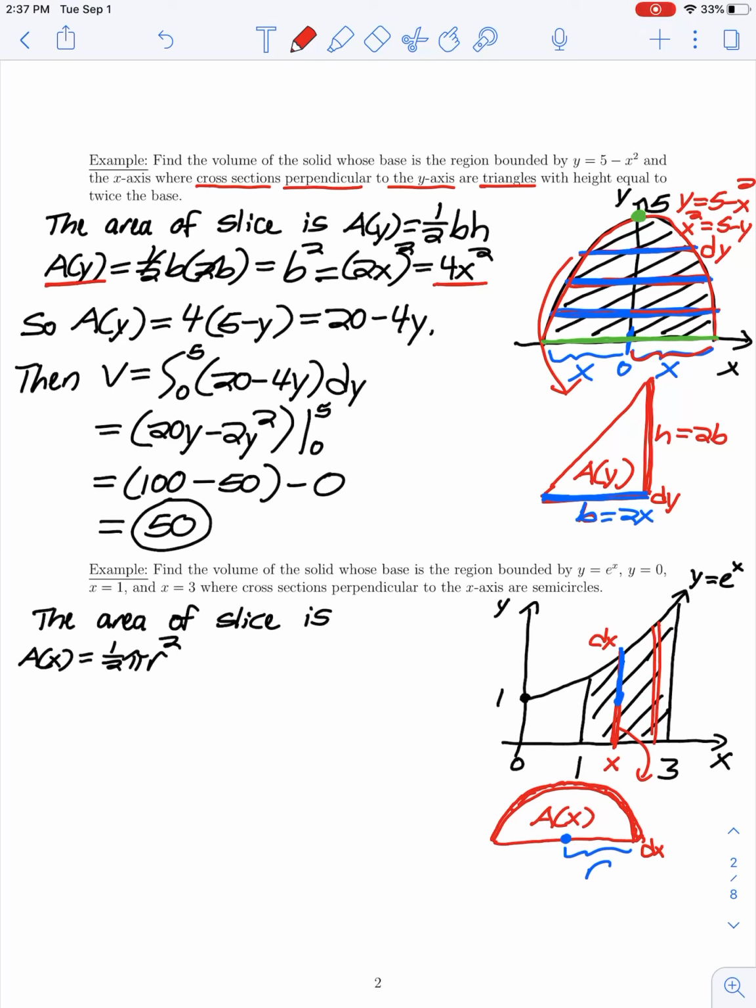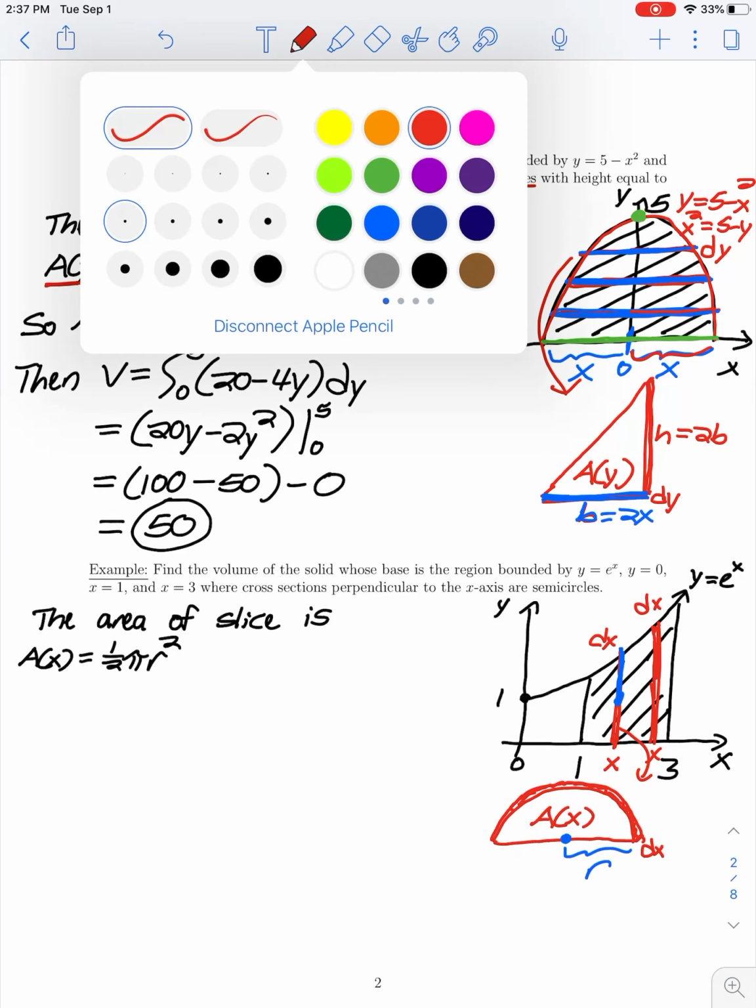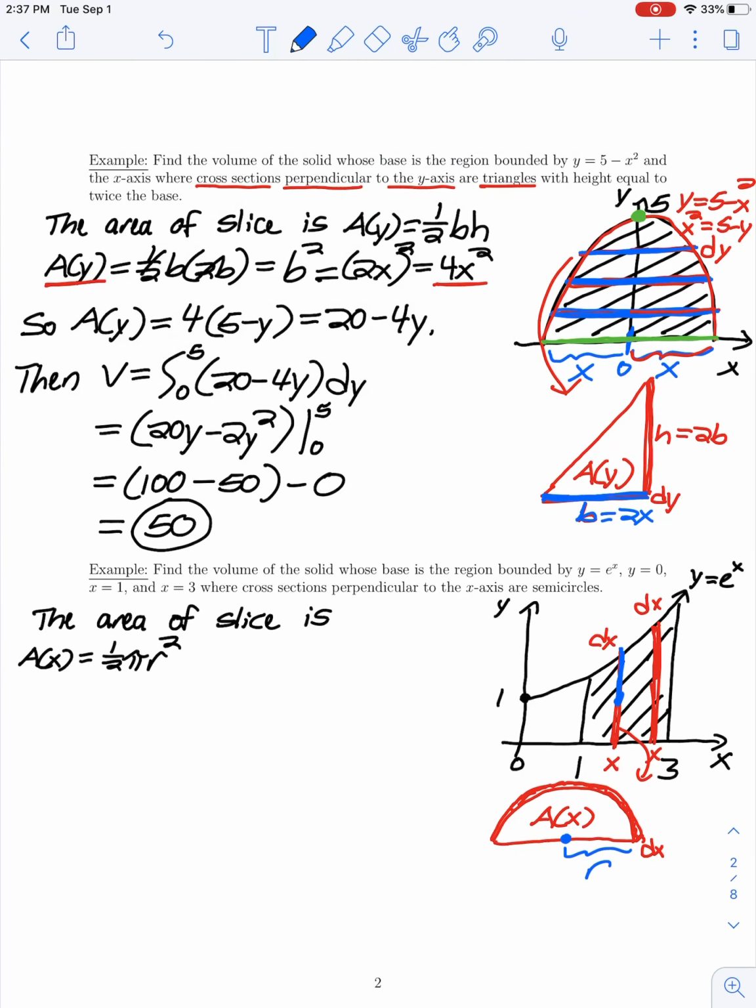So if we were to take a slice on this edge at a point x of thin width dx, we see that the radius would be larger than in that first slice. So how can we find this radius? Well, it's given by half of the height of our little red slices.